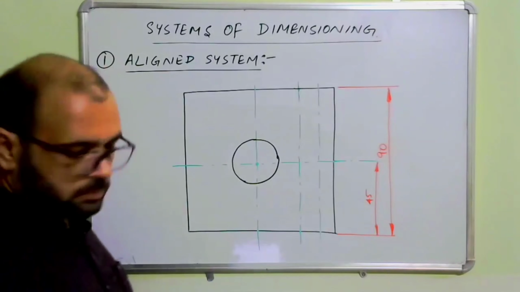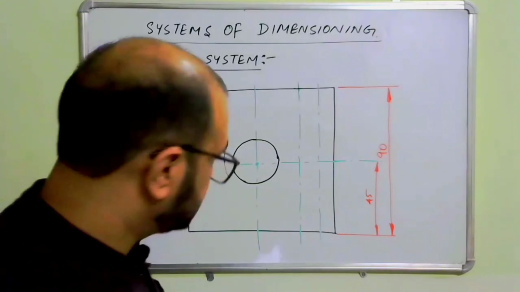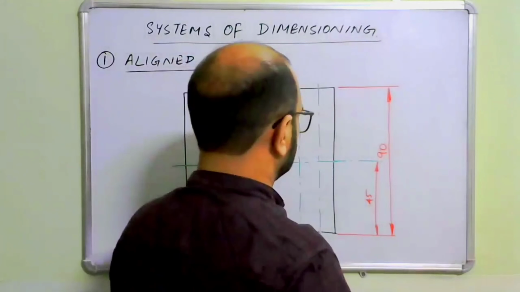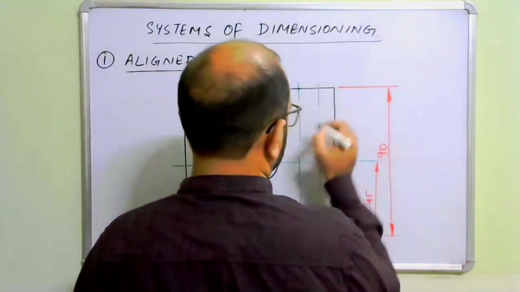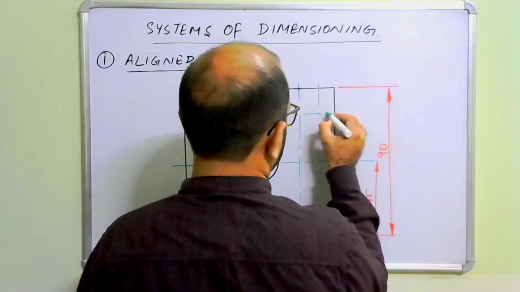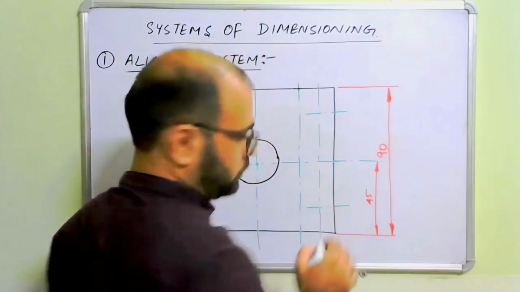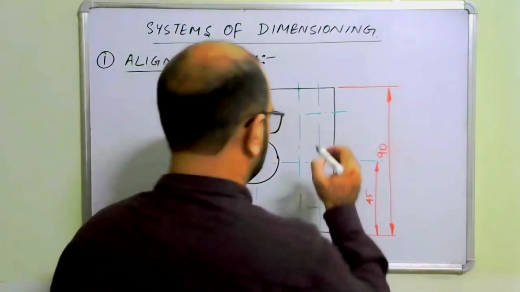Then you have 30 mm on both the sides, and then you have 20 mm also.